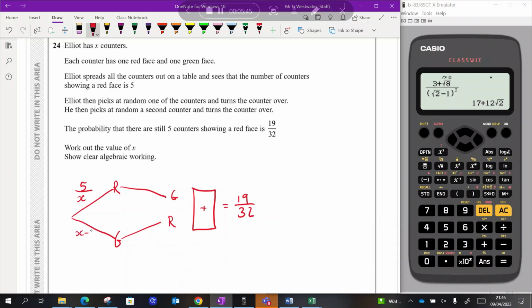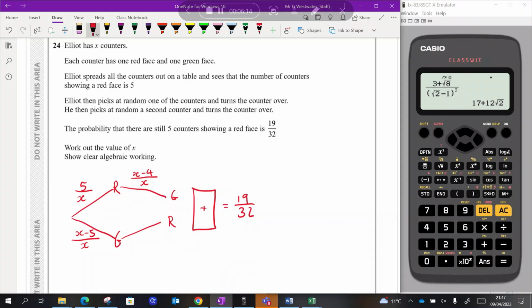It's going to be x minus 5 over x green. Follow that up. If I've taken one red and flipped it, it will have created an extra green counter. So if I started with x minus 5, I've now got one more than that, so add 1 to this, and this is going to be x minus 4 over x, following a red pickup.